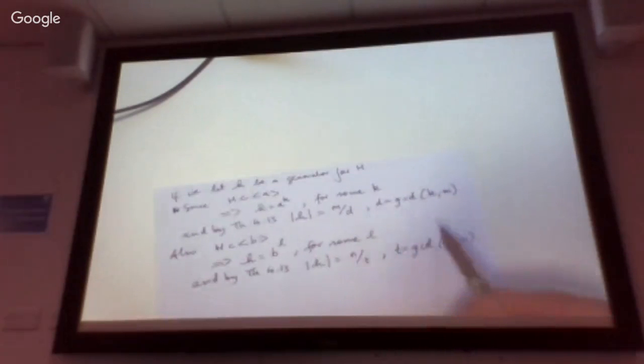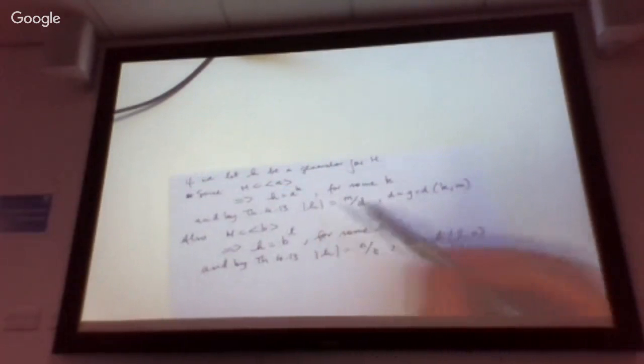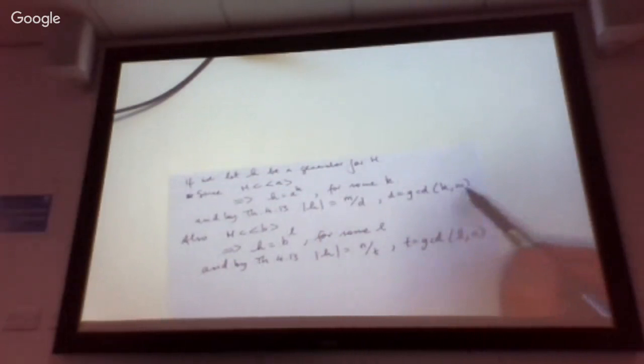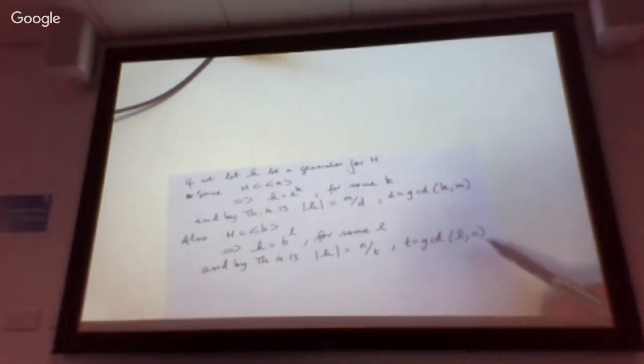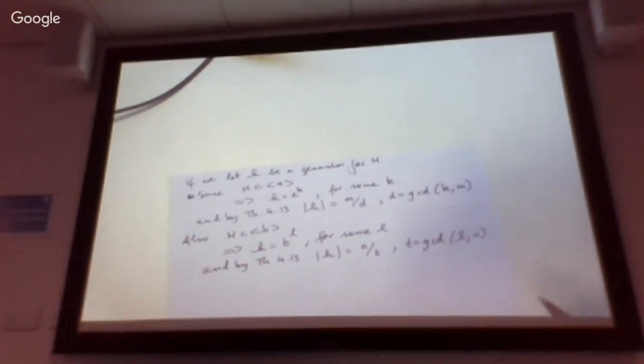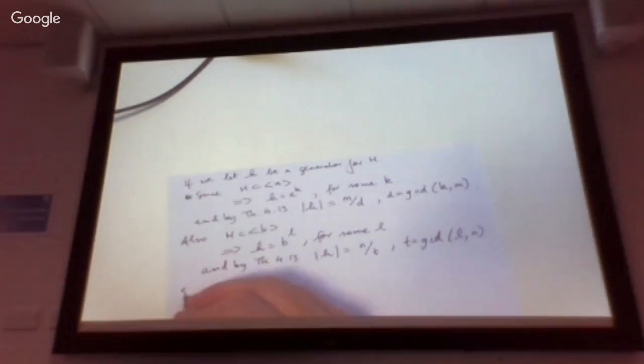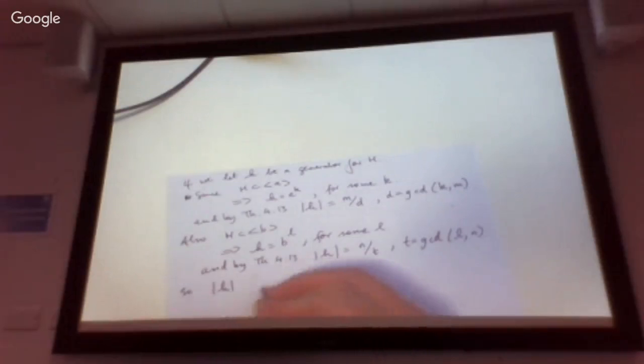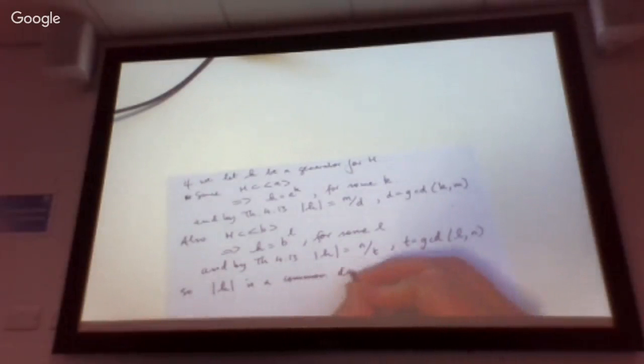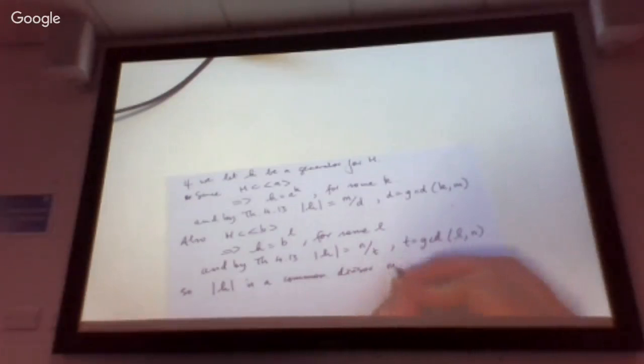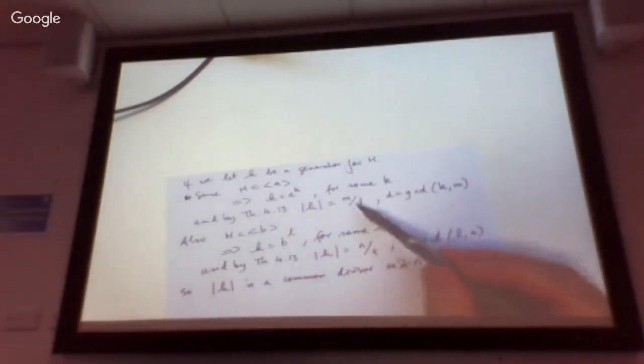That tells us that the order of H must divide the order of A and must also divide the order of B. That means there must be a common divisor of the orders, but the orders m and n are co-prime, so they have no common divisors except one. That tells you that the order of H is just one. However, I don't want to use that because we haven't proved it yet.